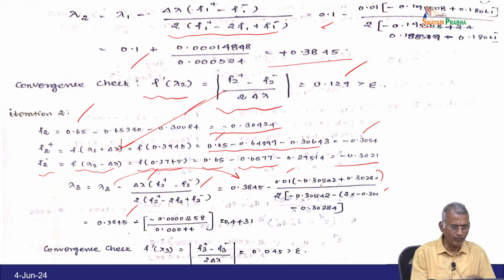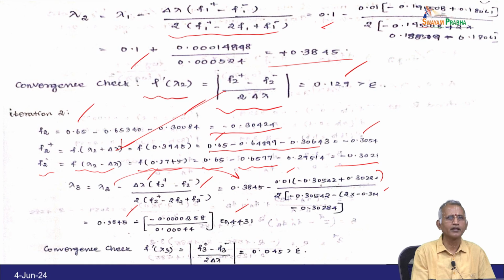So we have 0.3845 minus 0.40258 divided by 0.00044 equal to 0.4431.